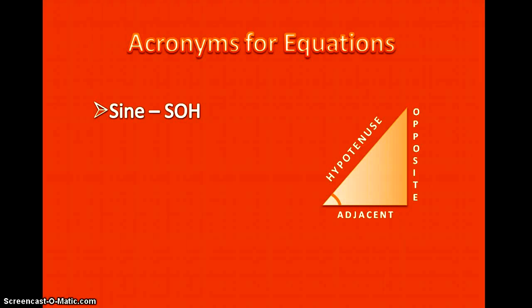Sine is SOH, and that stands for sine equals opposite over hypotenuse. So in this instance, we have our opposite over here divided by our hypotenuse, and that gives us SOH, as we have over here.